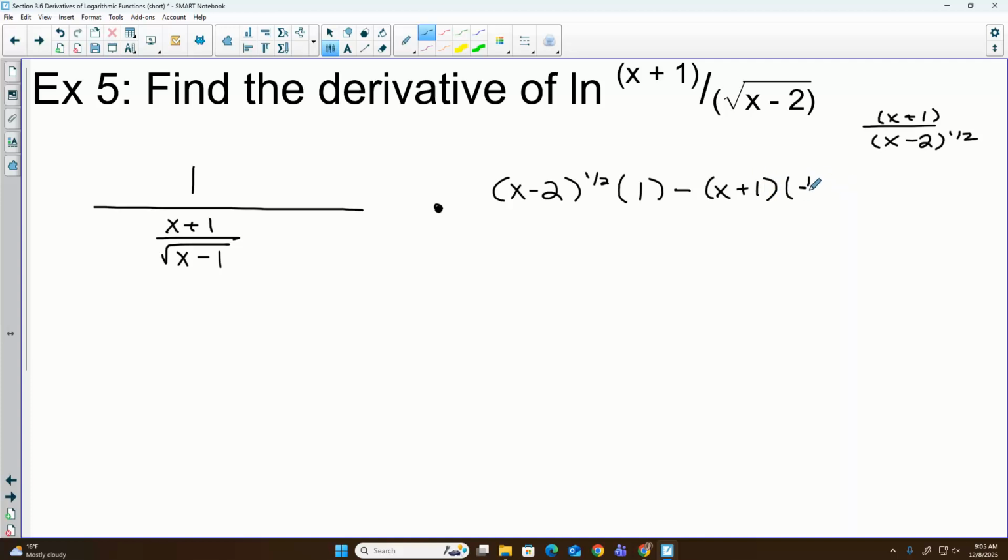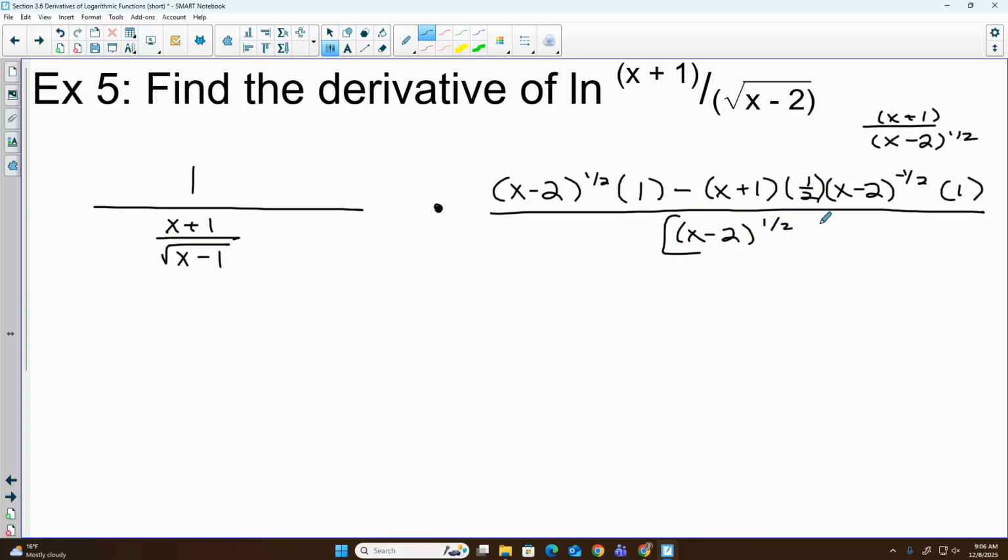So the 1/2 comes down, inside stays the same, subtract 1 from the power. Derivative of the inside is just 1, over low squared.